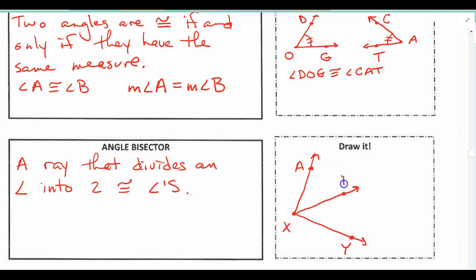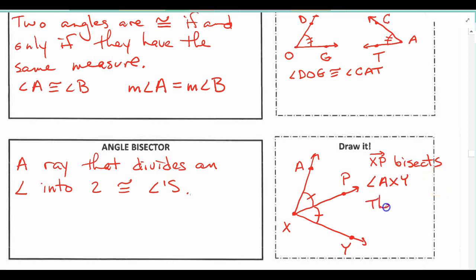We'll call it P. Now, if I intend this to bisect the large angle, angle AXY, I would just show that with tick marks. Again, you can use whatever little symbols you want in there on your arcs to show that they're congruent. So now I would say that ray XP, notice the symbol, you have to put the symbol above there to indicate it's a ray, ray XP bisects angle AXY.